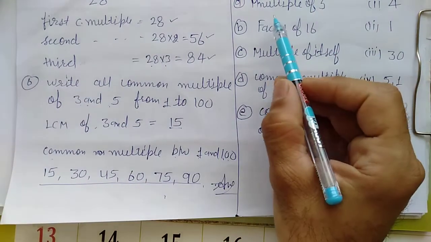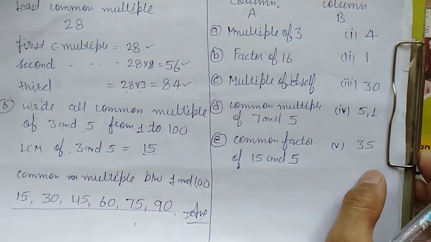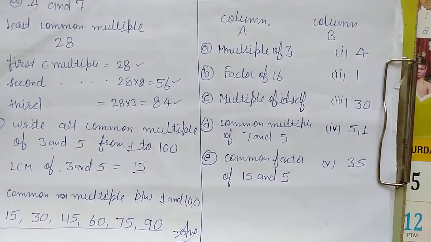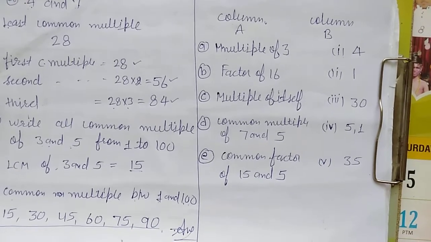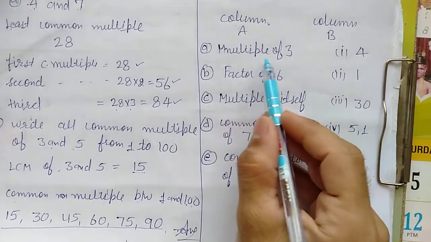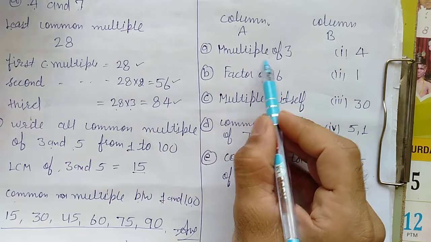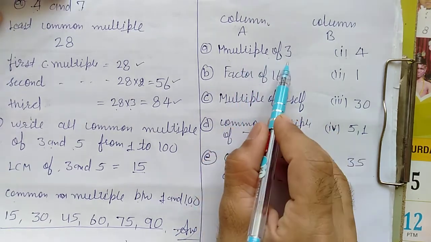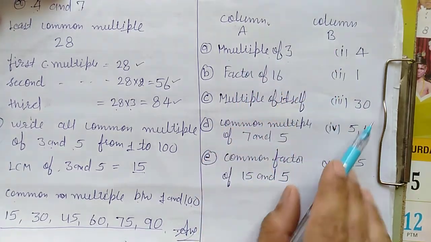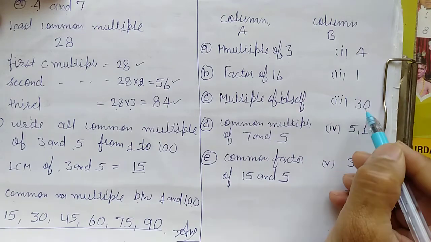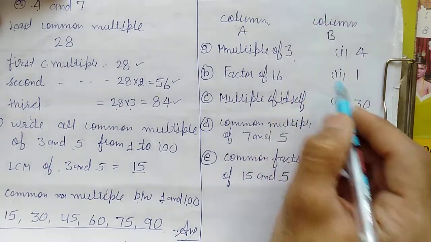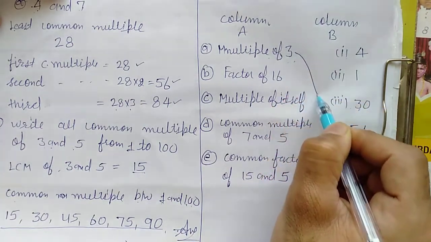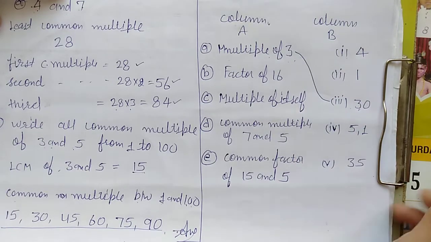In this one, first is multiple of 3. Out of these, this is the one that is a multiple of 3. It means this will be matched to this one, right?